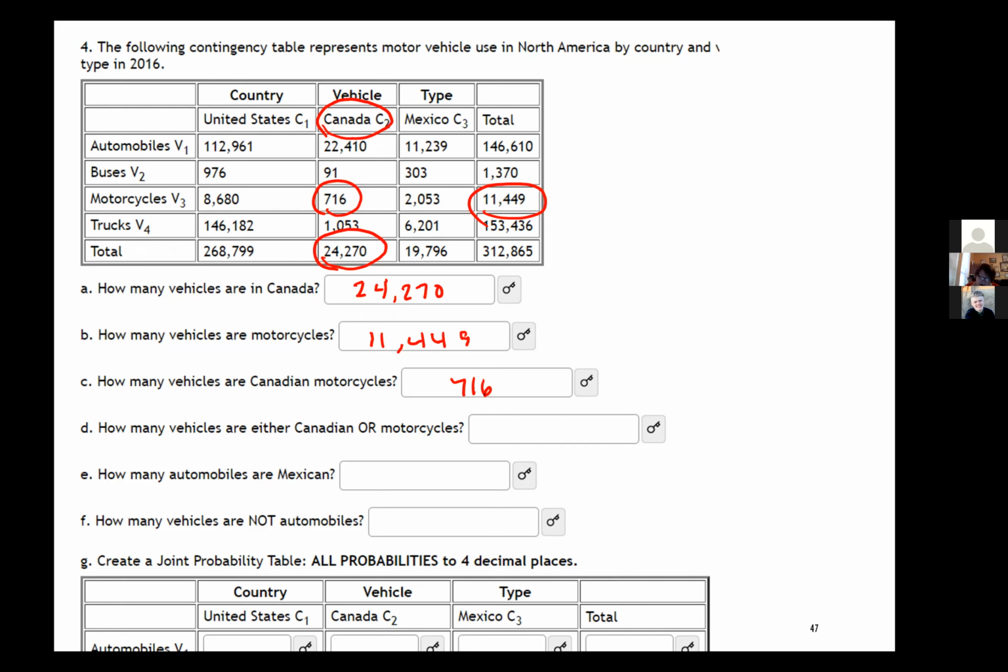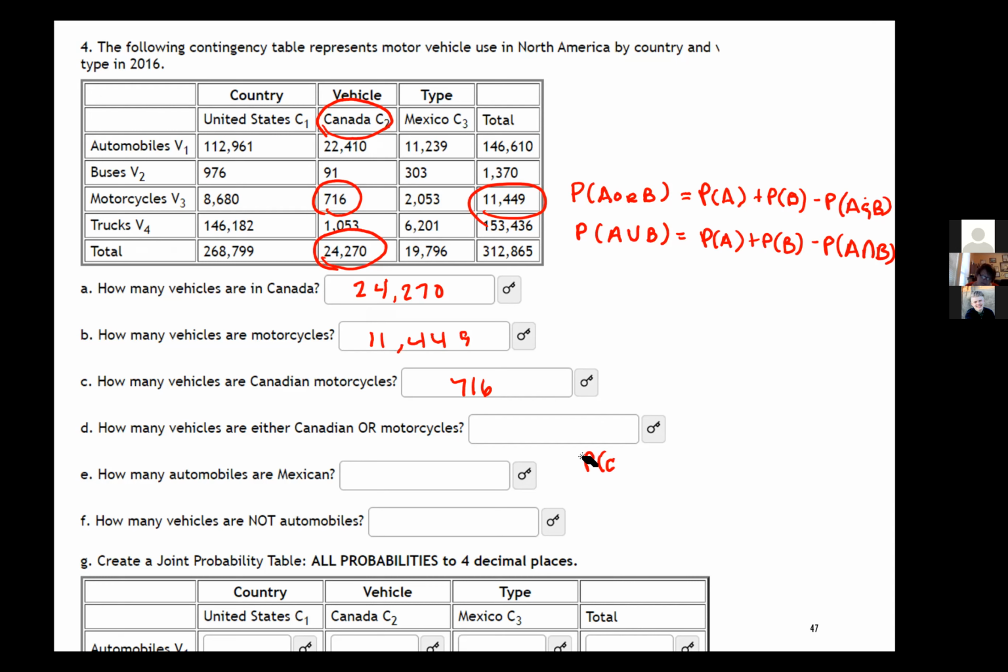The probability formula we got was, let's write it out here: the probability of A or B, which we can write as the probability of A union B, is equal to the probability of A plus the probability of B minus the probability of both A and B. Or in probability notation, the probability of A plus the probability of B minus the probability of the intersection, A intersect B.